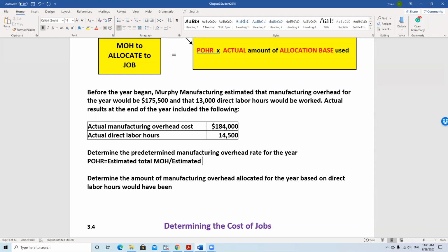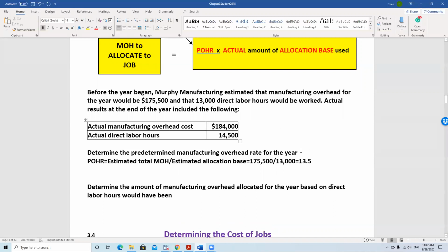estimated allocation base. If you find these two numbers, the estimated MOH is 175,500 divided by 13,000. Let me use my calculator. 175,500 divided by 13,000 is 13.5.